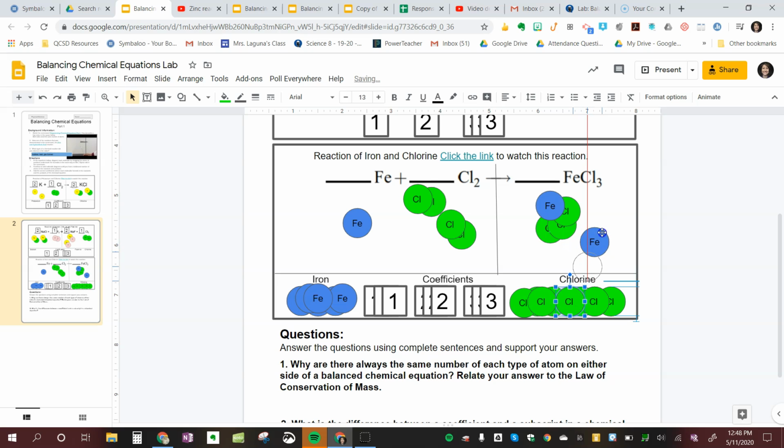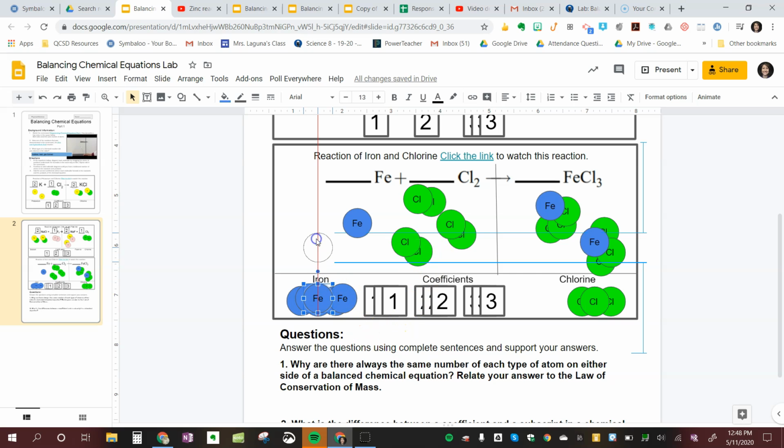So I need 3 of these guys. That gives us 6 chlorines now over here. And then I would add another chlorine gas. This is what chlorine gas would look like. And then lastly, I would add another iron on the left. You did it.